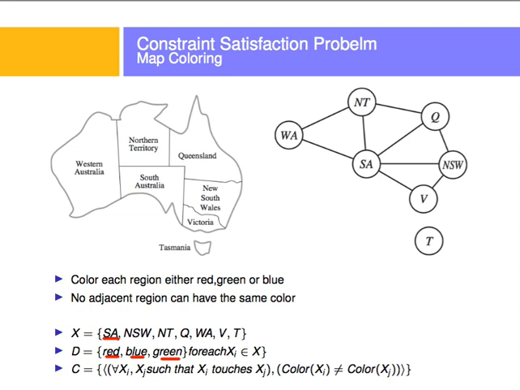Now, the constraints. Well, the scope is for all pairs of variables x sub i, x sub j such that they're touching each other. Okay, that's the scope. And the constraint is that the color of the one should be different than the color of the other. Okay, so this is a way of describing a set of constraints.